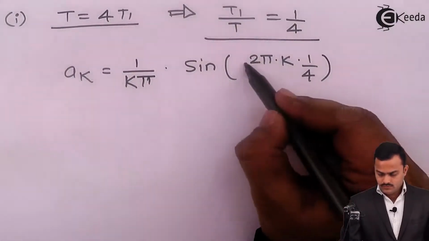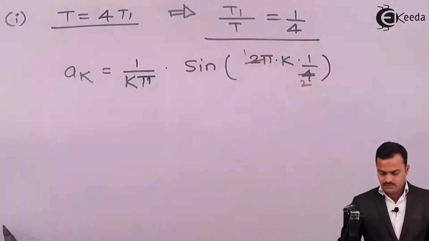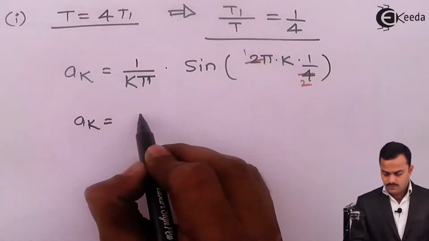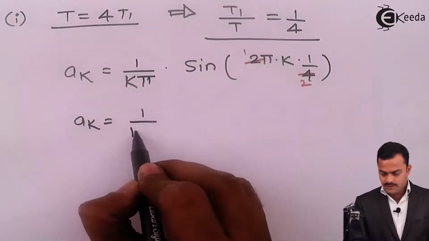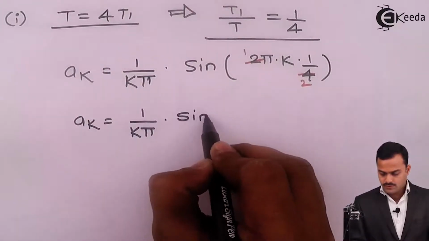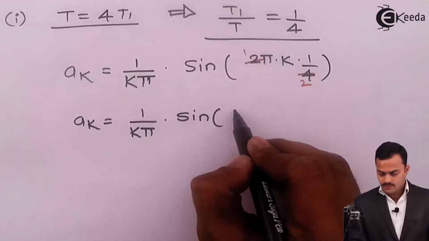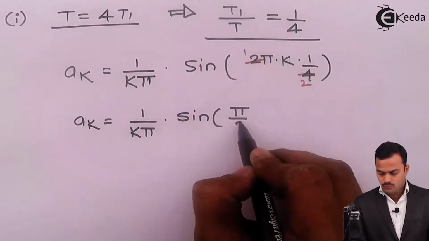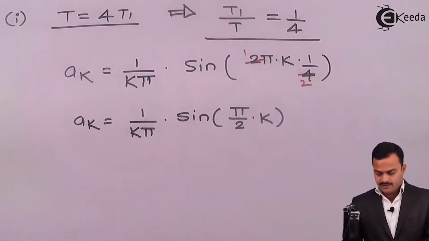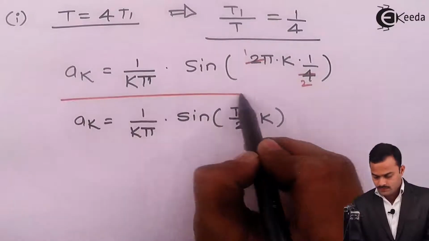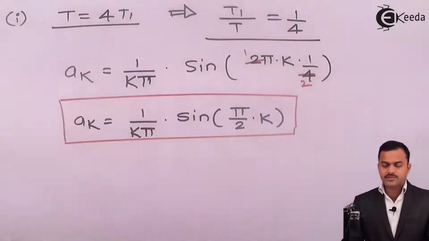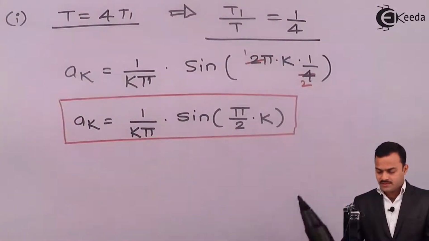So this further simplification will give us ak as 1 by k pi into sine pi by 2 into k. So we will get this particular Fourier series coefficient for the substitution capital T equal to 4 times t1.